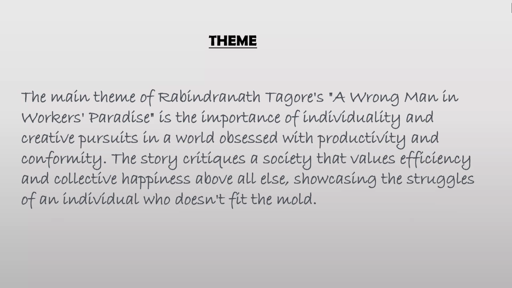Like here, the story critiques the values that society imposes on an individual. They are not bothered about whether the individual is suitable for their rules or values, but they are just bothered about the societal norms.